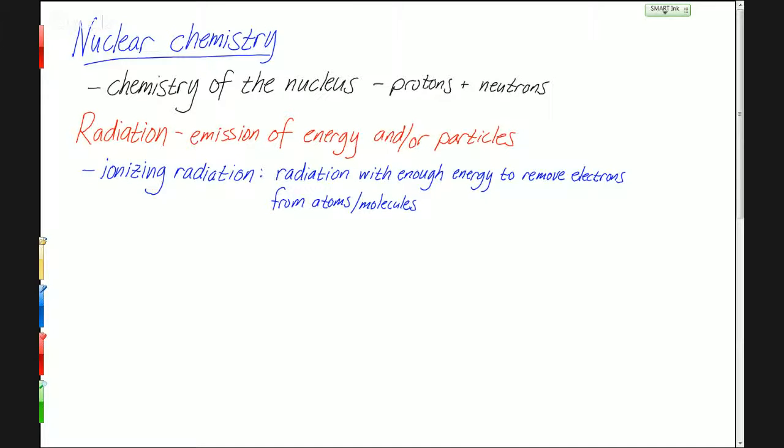So it can knock an electron off of something. And that's why we're often concerned about ionizing radiation, because ionizing radiation can really mess with our molecules, our cells, our DNA, that kind of stuff.